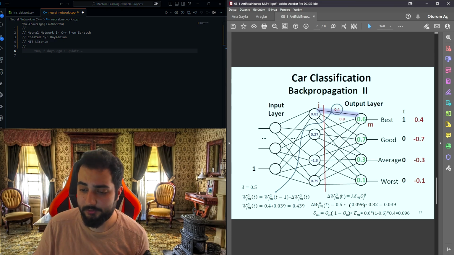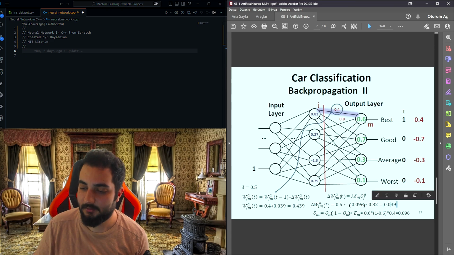It is equal to the current value of the output neuron, 0.6, multiplied by the derivative of the activation function, which is 0.9. So this is the error of the neuron, and multiplied by the error of the neuron, we get 0.096. And we multiply by the value of the current neuron, G, in the hidden layer.